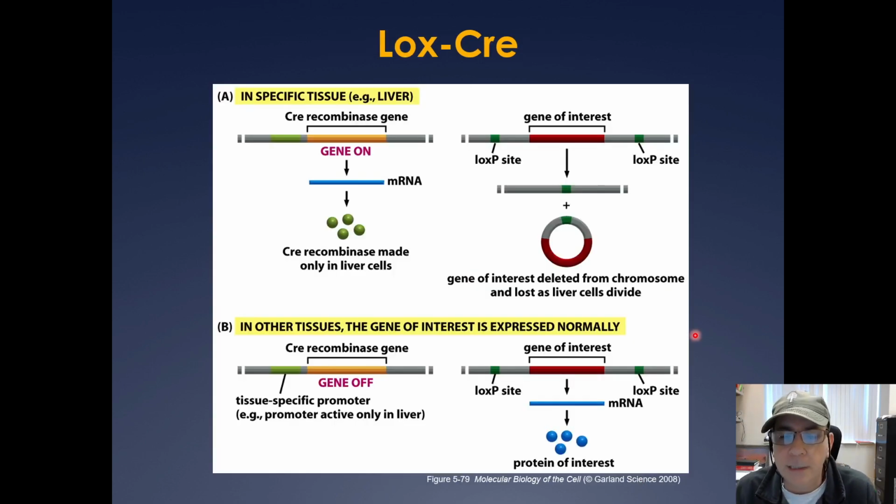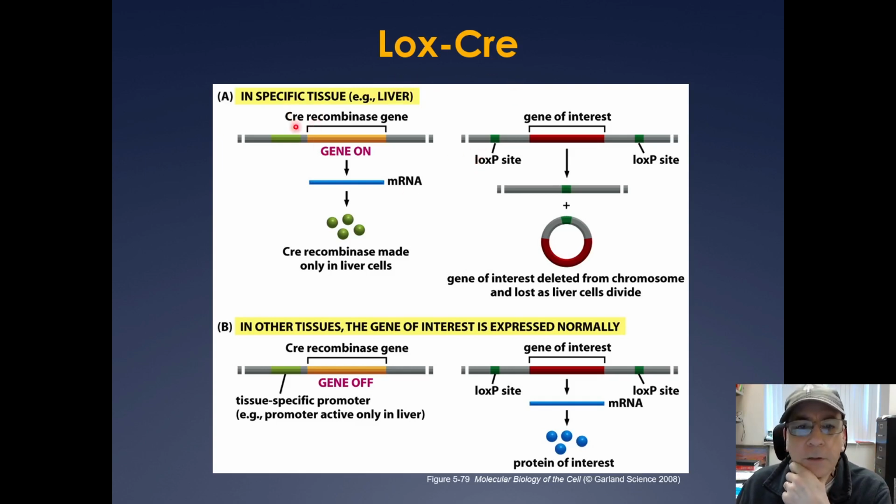Now, similar genetic techniques are also used in mammals, where we can integrate different things in and then create experimental systems. One really great system, especially for doing mouse genetic work, is the use of this system called LOX-CRE.